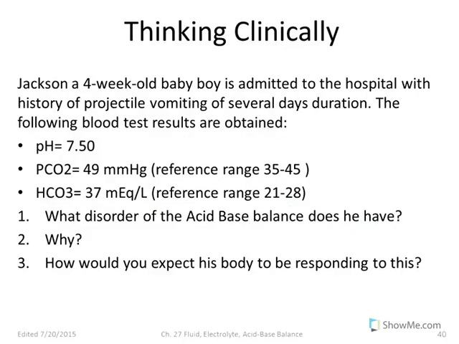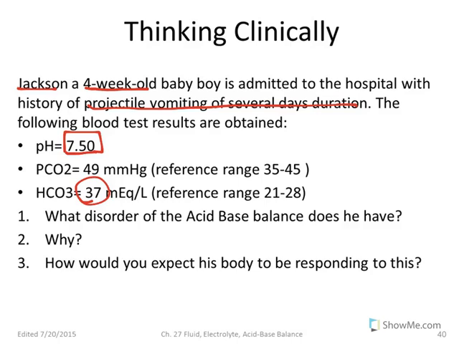And the last one is a 4-week-old baby who is very ill named Jackson. And Jackson has been vomiting for several days. In multiple days he's been vomiting. His pH is 7.5. We're already looking at that, going alkalosis. The vomiting is making us think, okay, but let's just see.